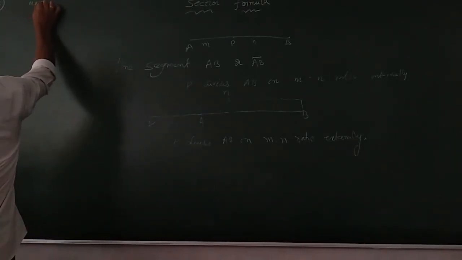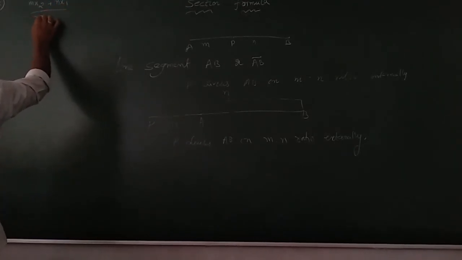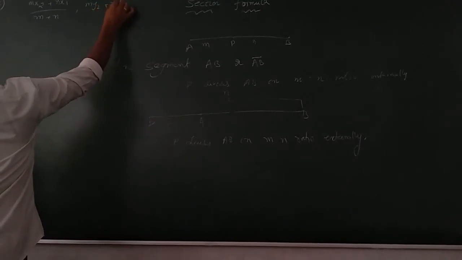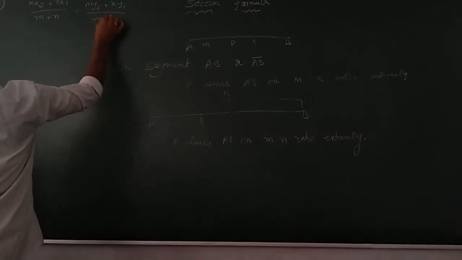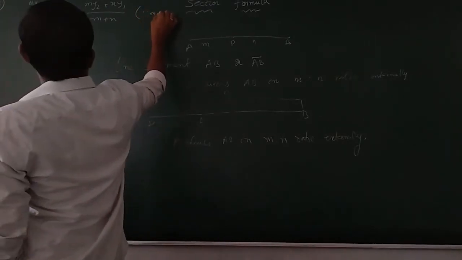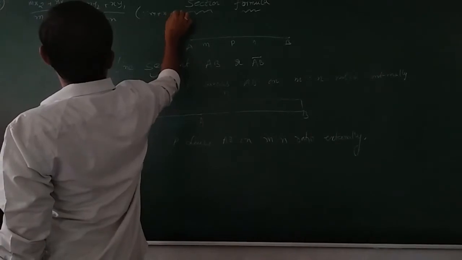The internal case: mx2 plus nx1 by m plus n, my2 plus ny1 by m plus n. Here m plus n not equal to 0.